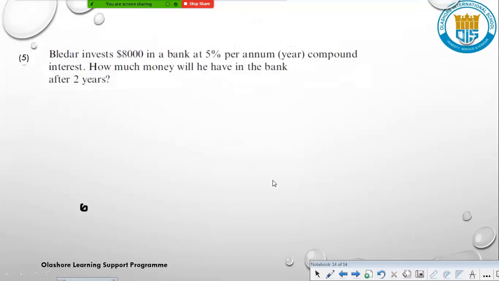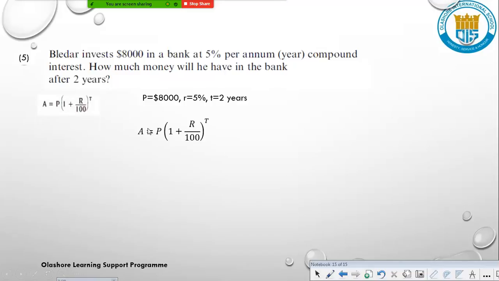Okay, this is another question. Bleda invests $8,000 in a bank at 5% per annum compound interest. How much money will he have in the bank after 2 years? This one is the total amount, so use the formula directly. We have 8,000 times 1 plus 5 over 100.